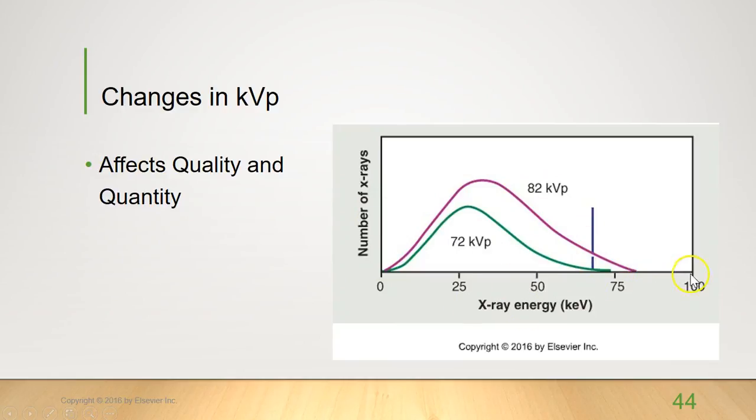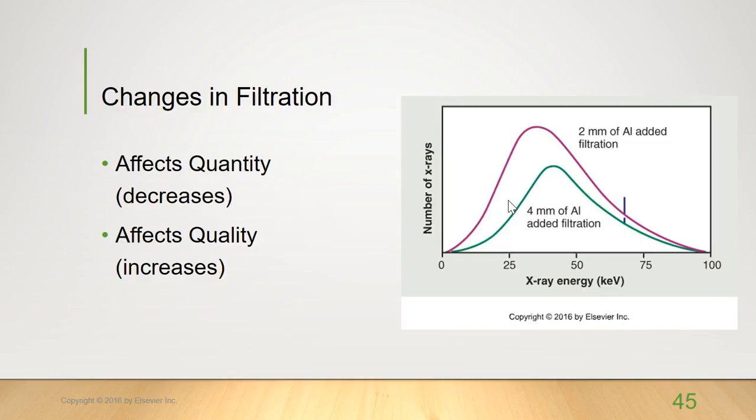So the energy is different, but that's still a finite number for that discrete line. The result is going to be more photons, which increases the amplitude of the spectrum, and higher energy photons, quality, which shifts the right side of the curve farther to the right. And the discrete line does not move because it's related specifically to the target material.